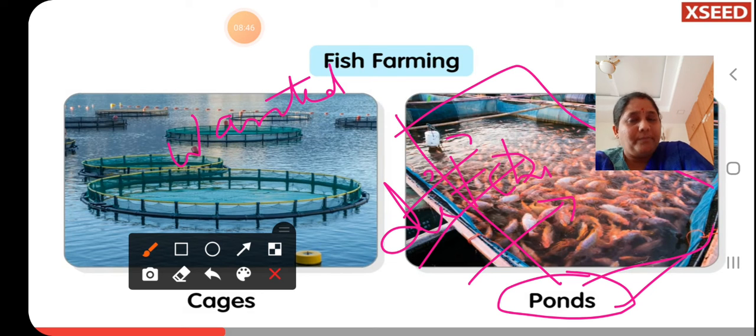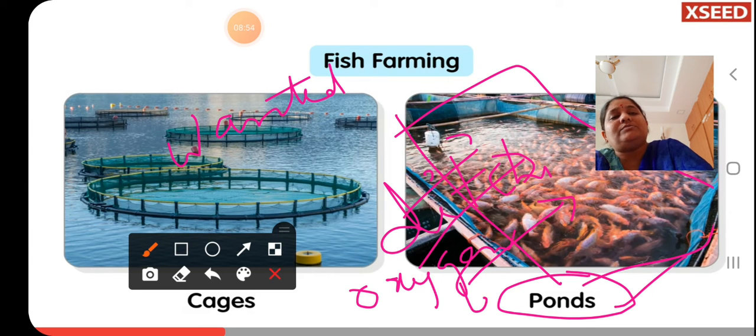In the pond farming method, the fish farmer has to focus on one thing: he should always keep a clean check on the oxygen levels in the ditch. If the oxygen levels are decreasing, he should replace the water with new water, because all the fishes and prawns compete with each other for oxygen.